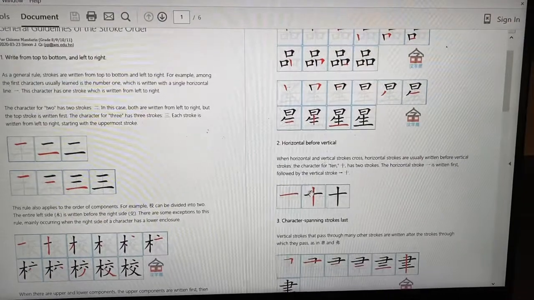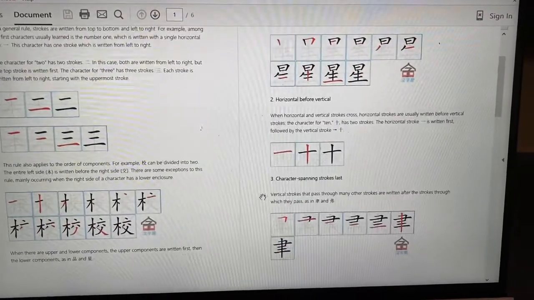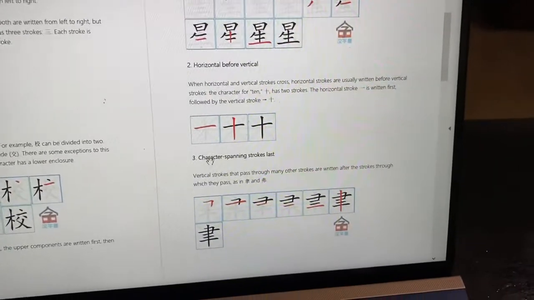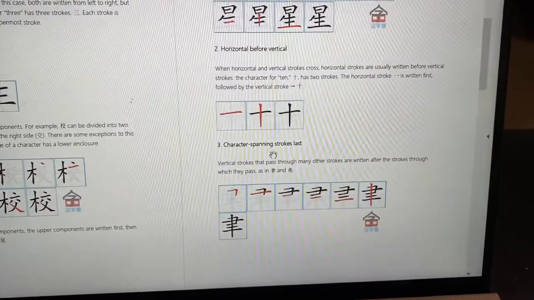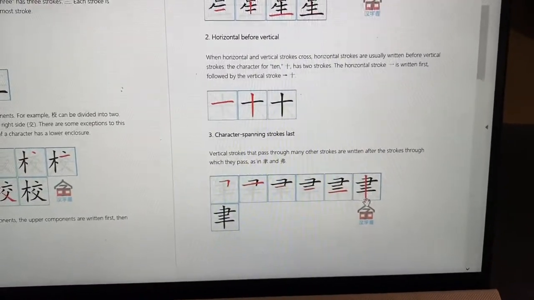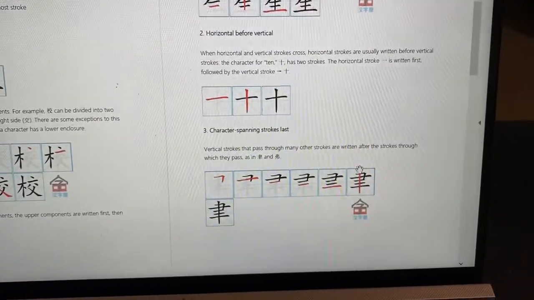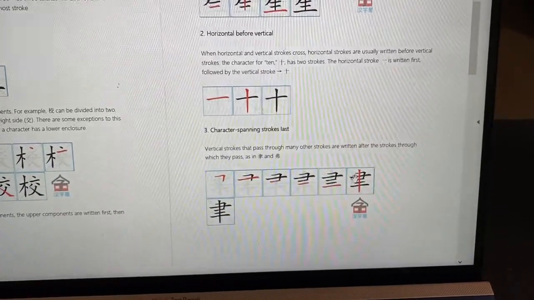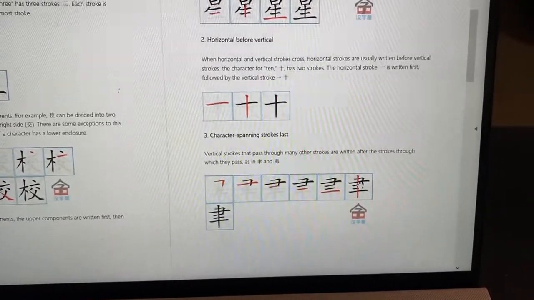Similarly in rule 3, we have the character-spanning stroke last, which means if we have such a stroke like a vertical one to cross the whole character from top to bottom, we will leave that for the last.